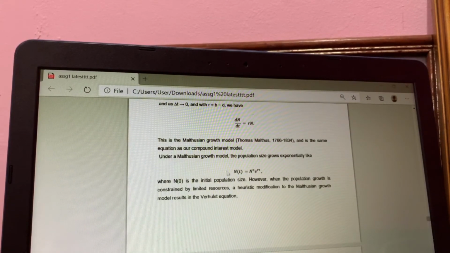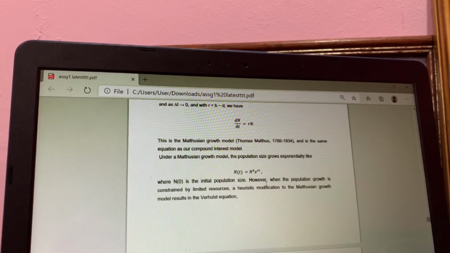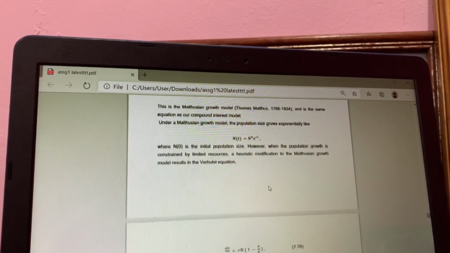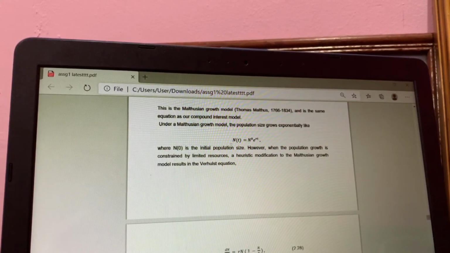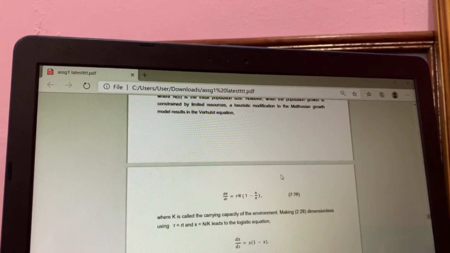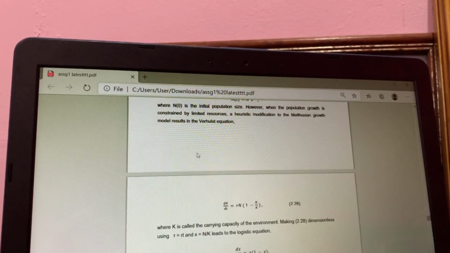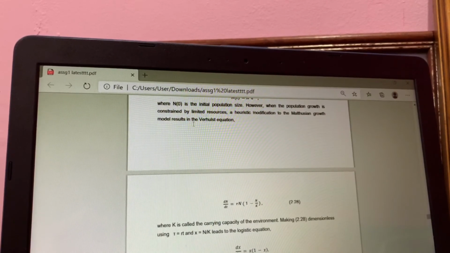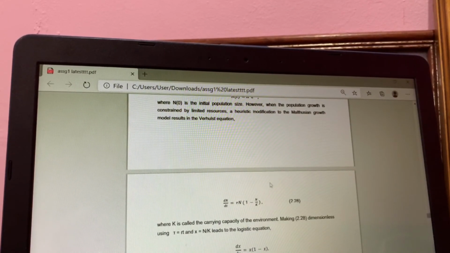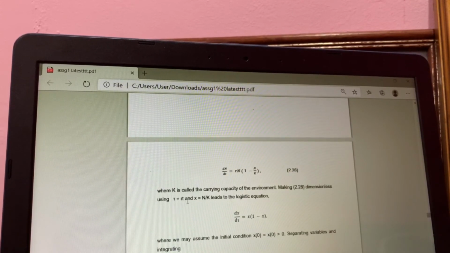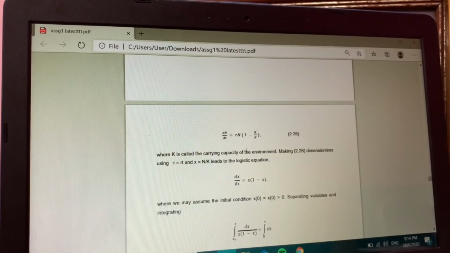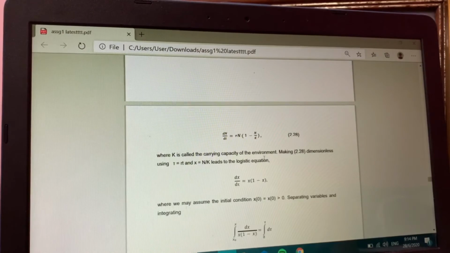And then this is the equation of the population size growing exponentially under a Malthusian growth model, where N0 is the initial population size. When the population growth is constrained by limited resources, the heuristic modification to the Malthusian growth model results in the Verhulst equation, which is this, where K is the carrying capacity of the environment.